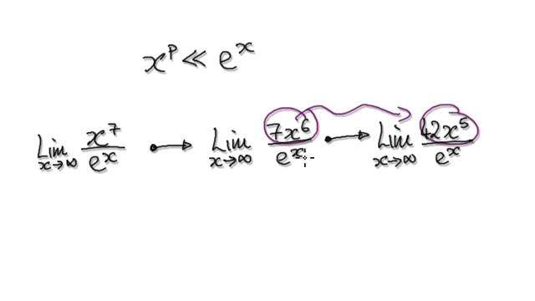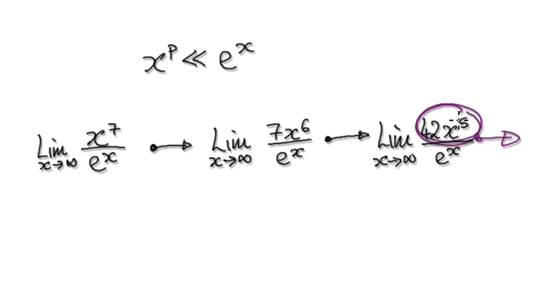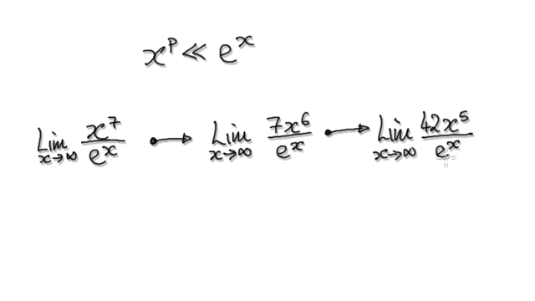differentiate this, it will give you this. Differentiate this, it will give you this. You can see that the denominator always stays the same. And if you continue the process, this will eventually become a constant, and then you can see that the denominator will be a lot bigger. I hope you can see that from here.